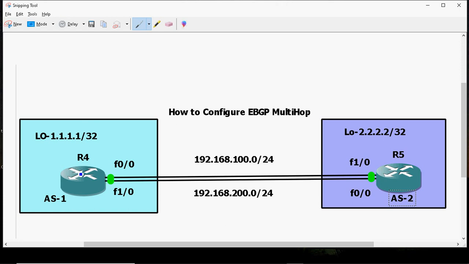If it's not point to point, if it is more than one hop away, you should definitely configure eBGP multi-hop. If you configure eBGP multi-hop and don't mention any value, by default it will take 255. If it takes 255, it's possible to form a loop. So you have to configure exactly how many hops away the peering router is. Based upon that it will form the eBGP neighbor relationship.